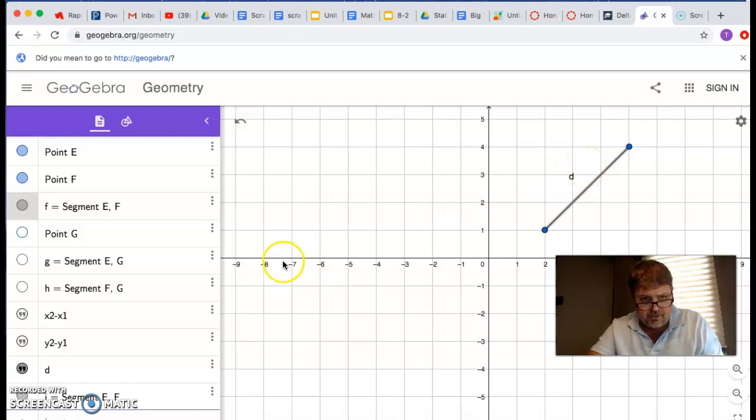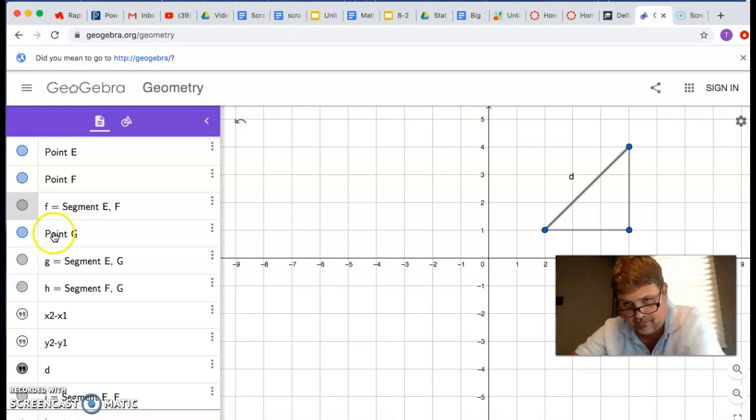And what I wanted to show you was, what if we were to construct a right triangle out of this and force it to be a right triangle? Then we would have something going on like that right there.